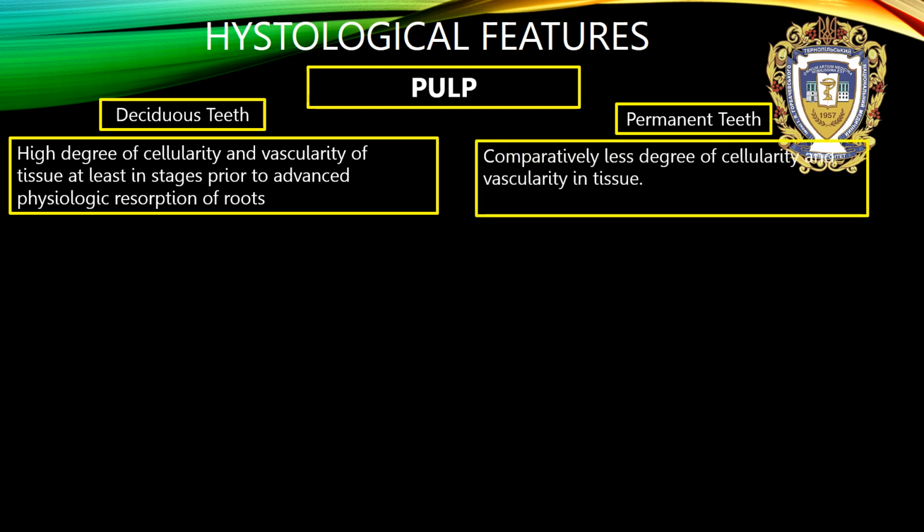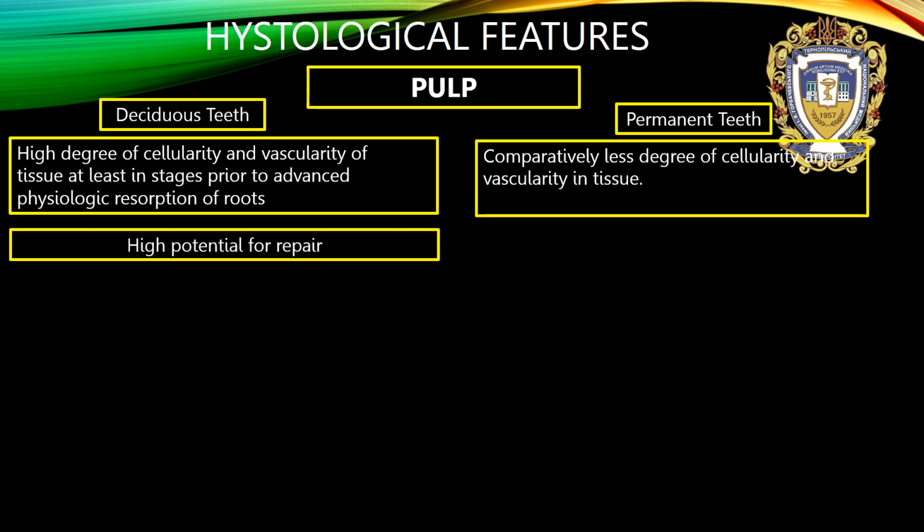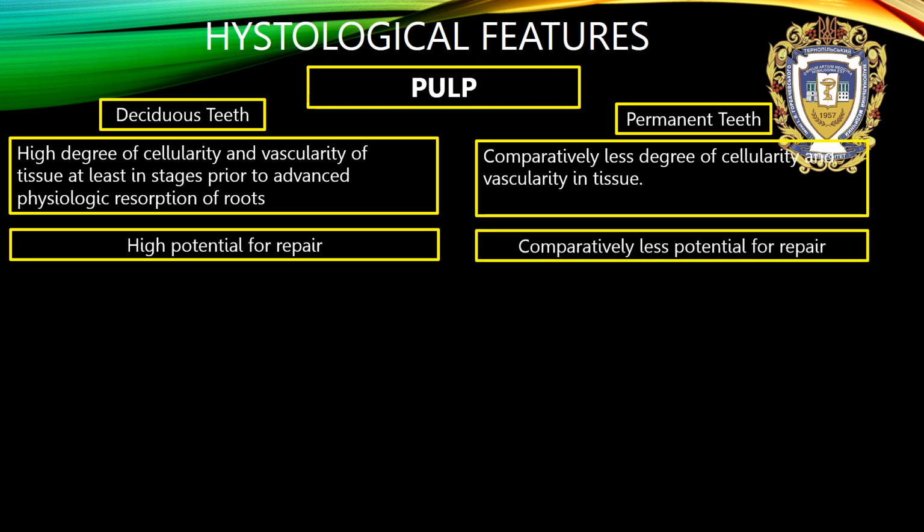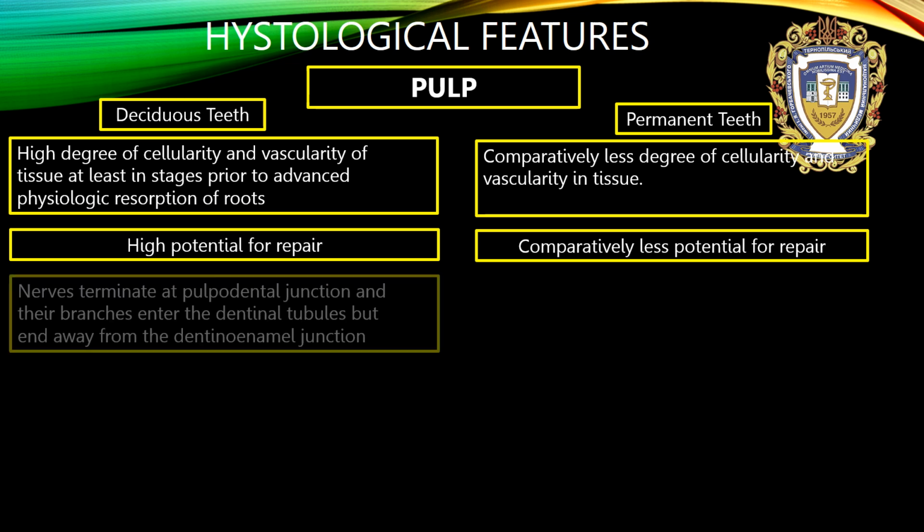But in permanent teeth, pulp has comparatively less cellularity and vascularity. In temporary teeth, pulp has high potential for repair. In permanent teeth, comparatively less potential for repair.